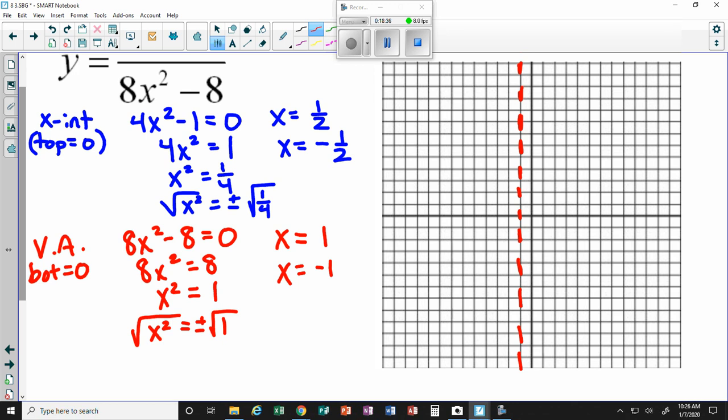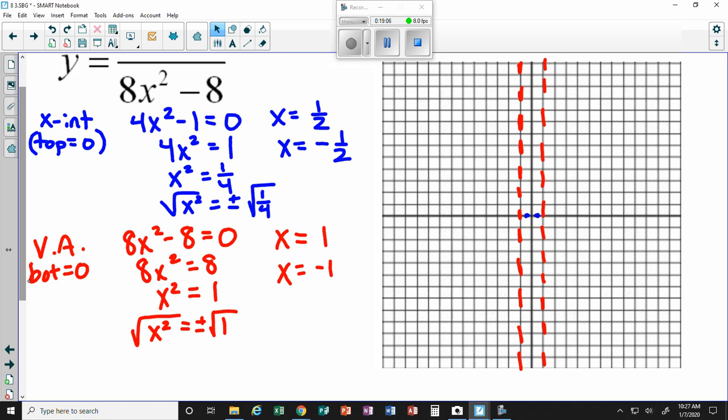So negative 1, positive 1. We have x-intercepts at 1/2 and negative 1/2, so here and here.